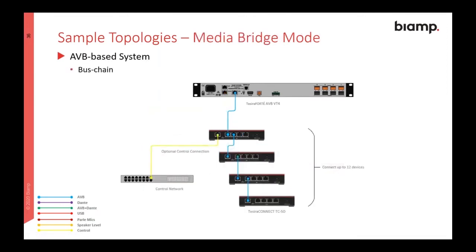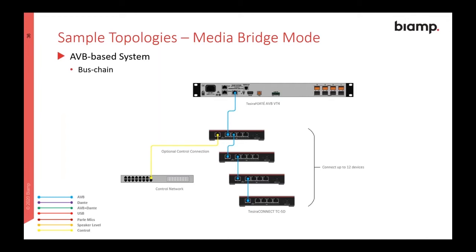When you're using the TC5D in bridge mode, you have to go with this configuration. The difference between previous configurations and this one is that the control connection, as you can see, is part of that TesiraCONNECT network, right? This is because the TC5D now participates in your Tesira file.